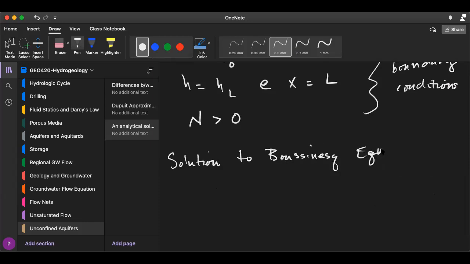All right, this is the whole reason why we develop these equations, so we can solve them, given these boundary conditions.